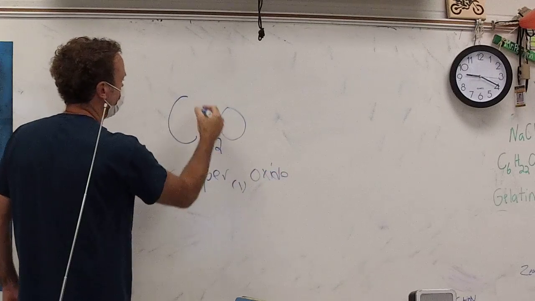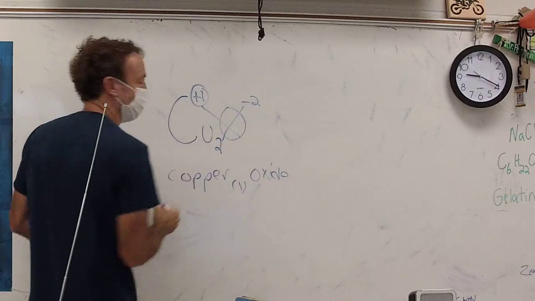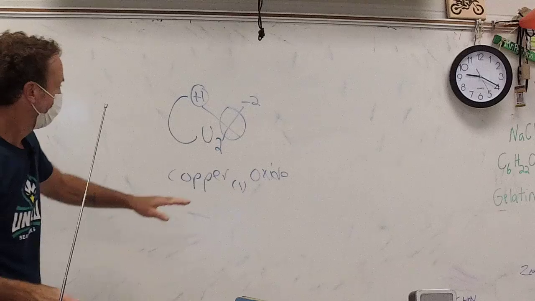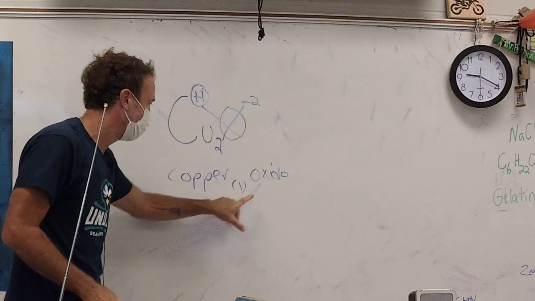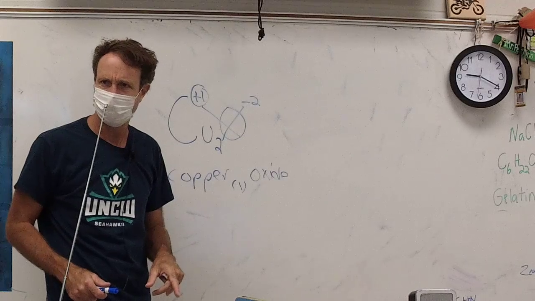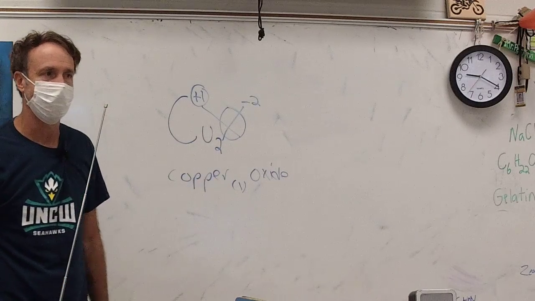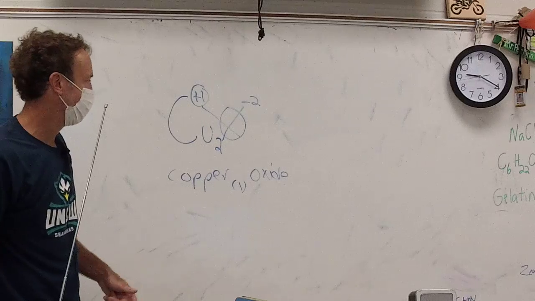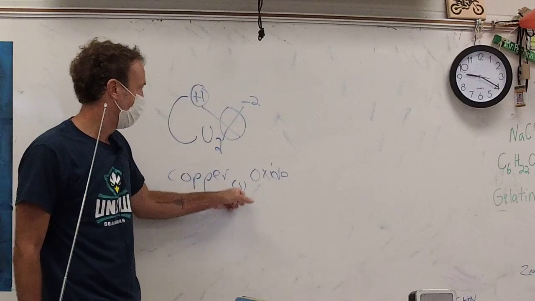The 1 is the charge that was here. It takes 2 copper(I) atoms to hook up with 1 oxygen. So Cu2O is copper(I) oxide. Does that make sense? Rarely would this number and the Roman numeral be the same. Okay? I can't off the top of my head come up with one that would be the same. But do you understand? The Roman numeral is the charge.